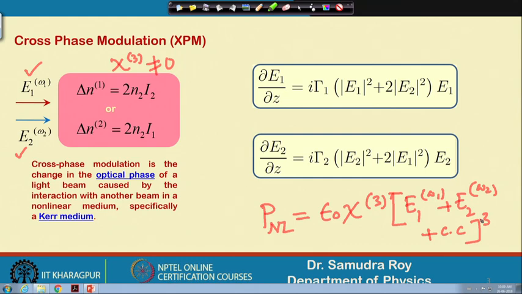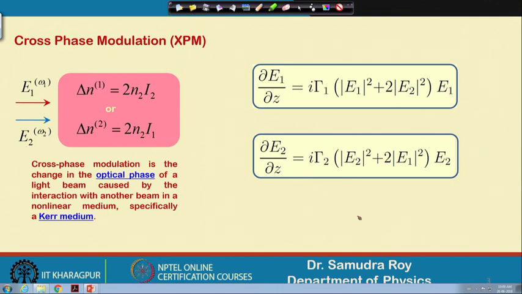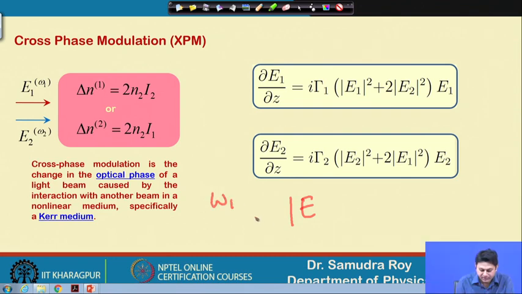Once we calculate the P nonlinear, different frequency components will arise. One particular case is where the P nonlinear has a frequency component omega 1 or omega 2, and we can readily see how these two frequencies come from this term. In order to have omega 1 frequency in the P nonlinear, essentially the term E2 square E1 will come.